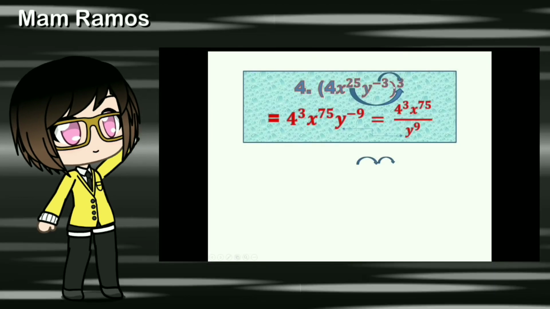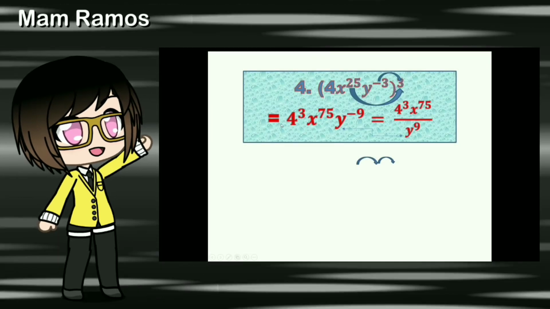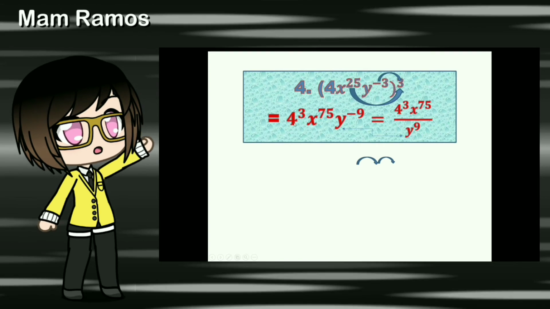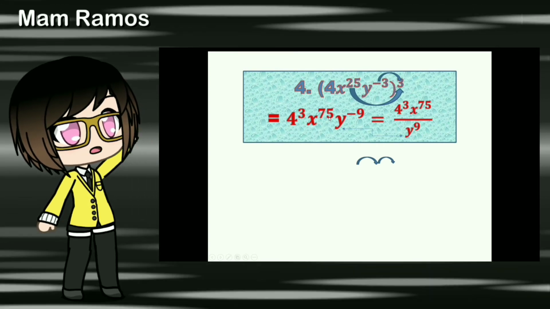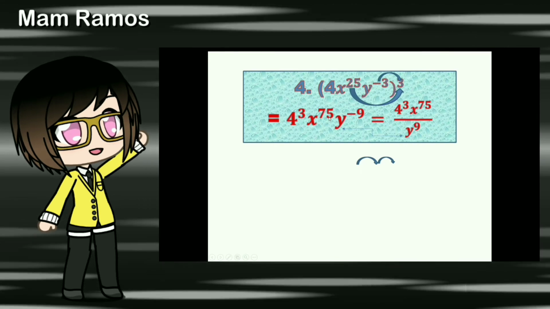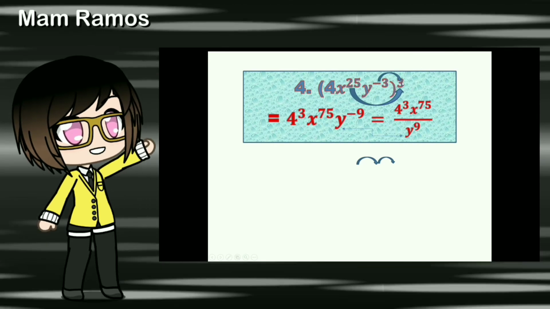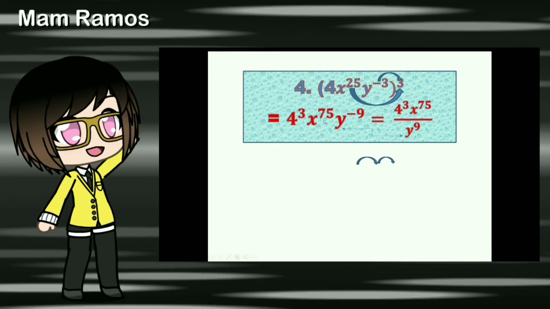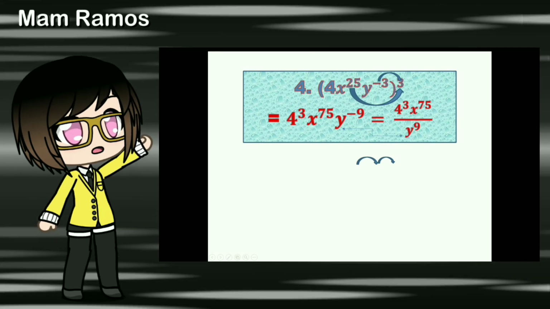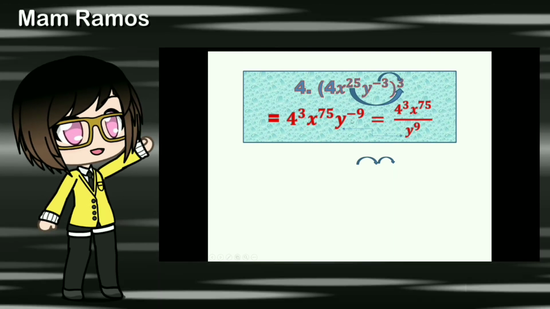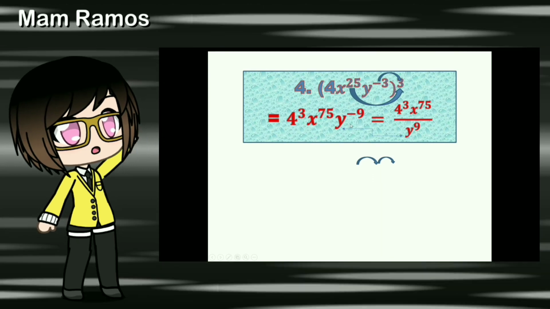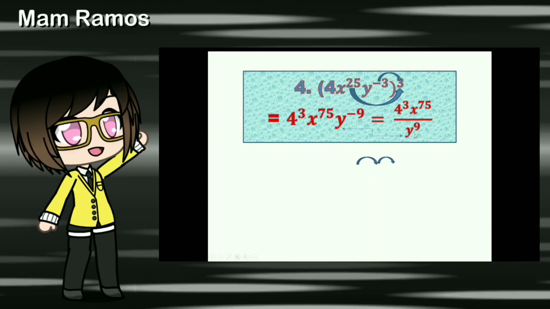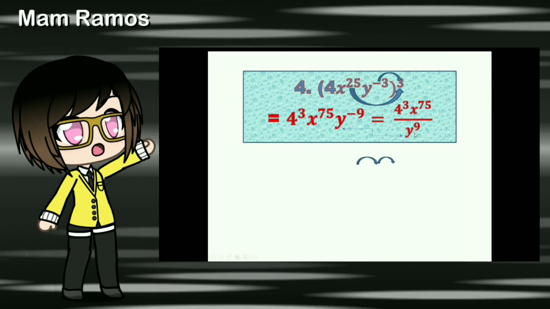Next is number 4. Quantity 4x to the 25, y to the negative 3 raised to the third power. Therefore, 4 raised to the third power times x to the 25 raised to the third power will be equal to x to the 75 power. And y to the negative 3 raised to the third power will be equal to y to the negative 9.